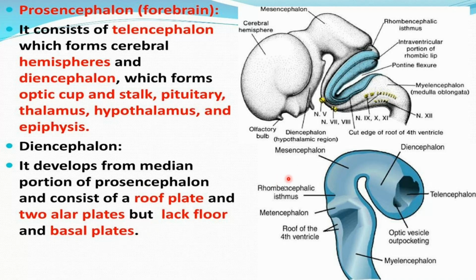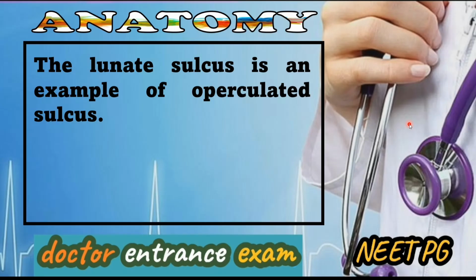See the pictures. Roof, optic vesicles, myelencephalon, telencephalon, diencephalon. The lunate sulcus is an example of an operculated sulcus.